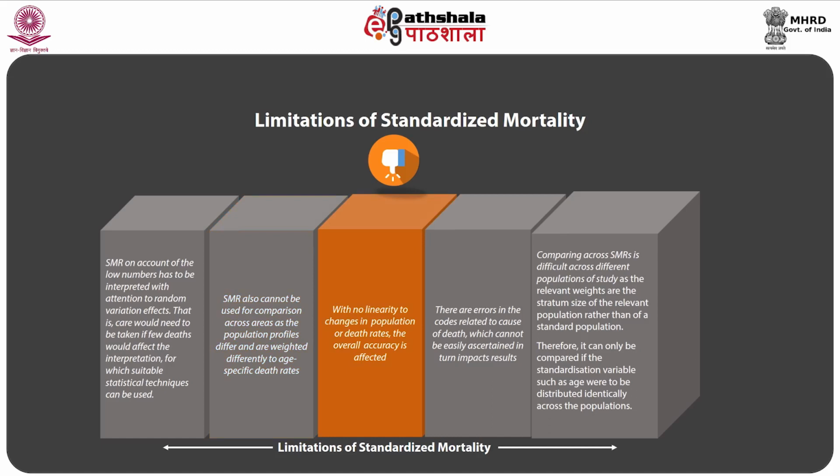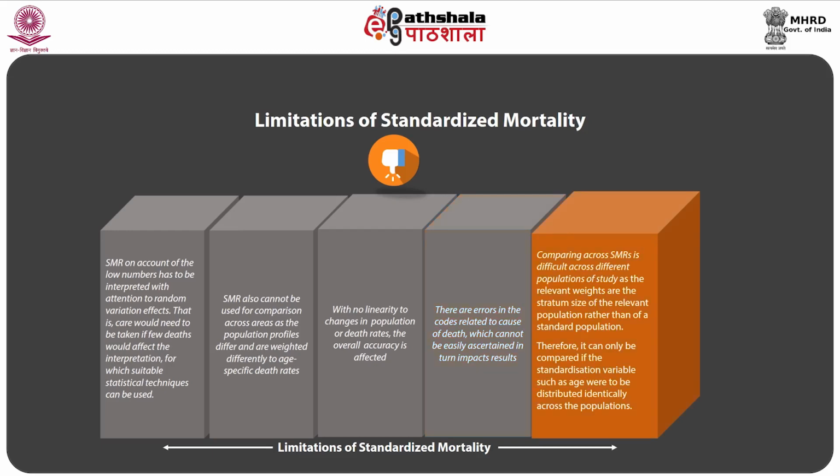Number 3. The data quality also matters, such that if there is no linearity to changes in population or death rates, then accuracy is affected. Number 4. Additionally, there are errors in the codes related to cause of death which cannot be easily ascertained, which could in turn affect the accuracy of the results.